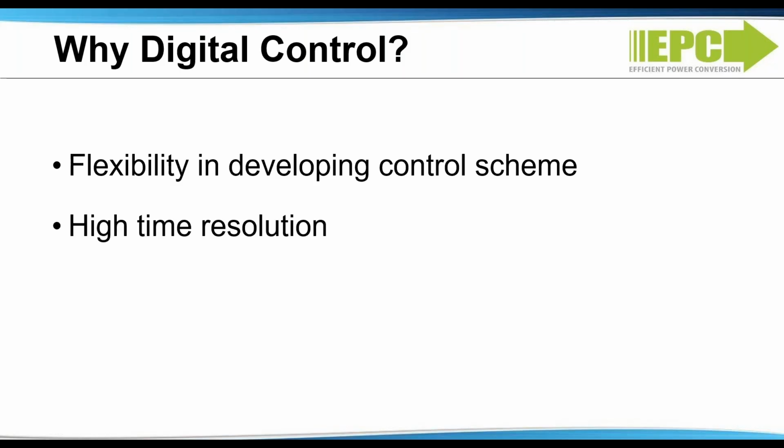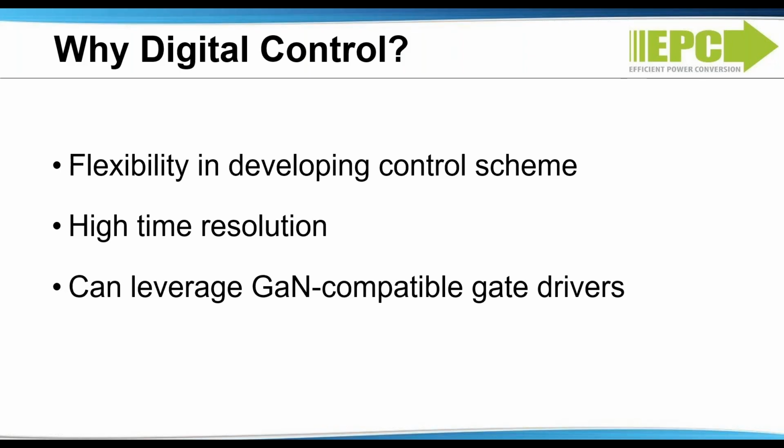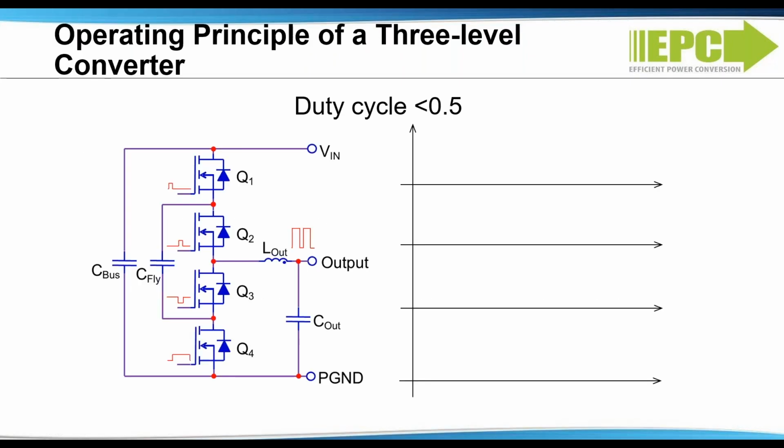The high time resolution allows for optimal dead time management. And for GaN, whose dead time can be within 10 nanoseconds, is much, much lower than that of a silicon MOSFET and its controller driver. Digital control also enables the use of GaN-compatible gate drivers that have high drive strength for fast switching and high-side gate voltage clamping for gate overvoltage protection.